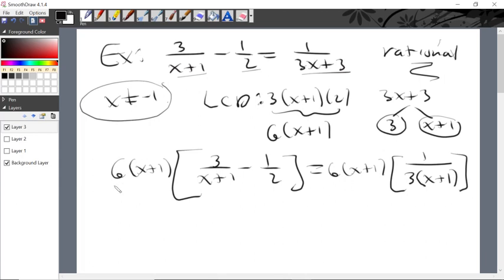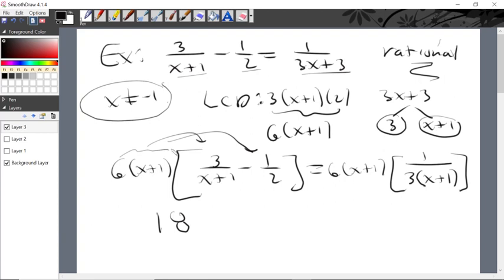Now we can start distributing to the terms. 6 times x plus 1 times 3 over x plus 1, we get to cancel the x plus 1s with each other. That leaves us 6 times 3, which gives us 18 from the first multiplication.